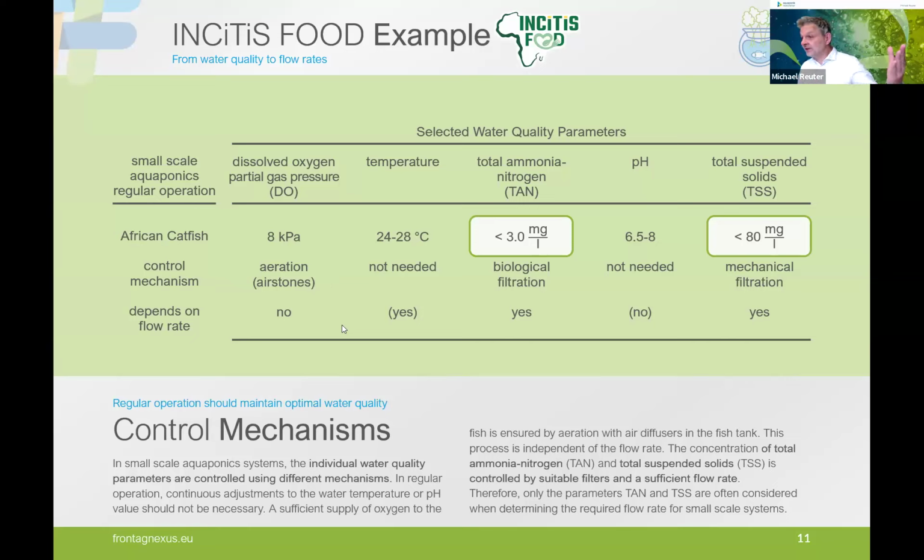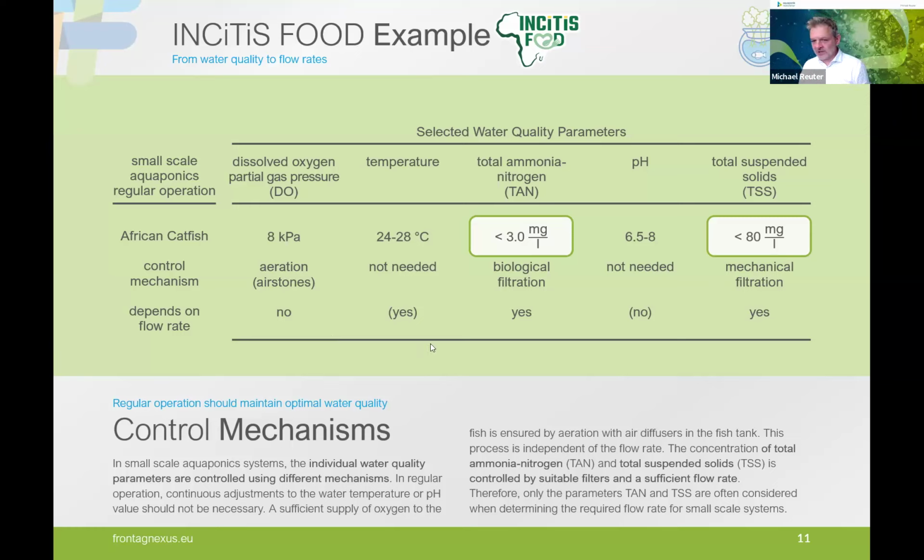This would be completely different if we oxygenate the water, because this is usually done with a separate device outside of the fish tank. And then the rate of oxygen that flows into the fish tank depends on the flow rate that comes from the oxygenator to the fish tank. So this really depends on the way that we provide oxygen to the fish tank. In our case, it's aeration, so it's not linked to flow rate.